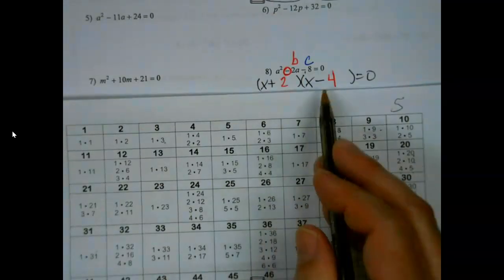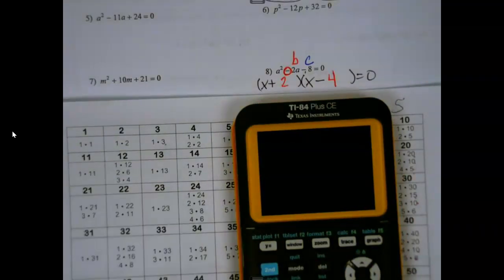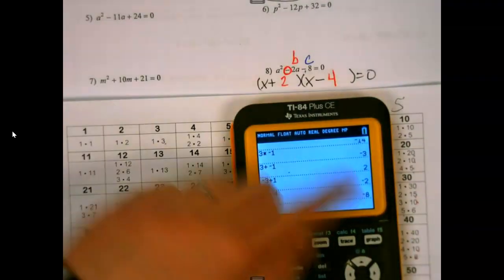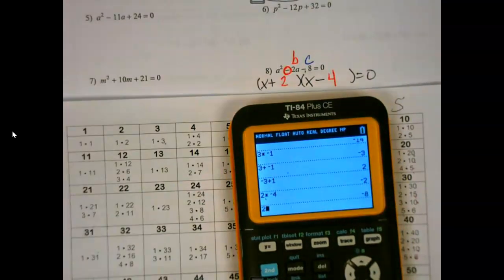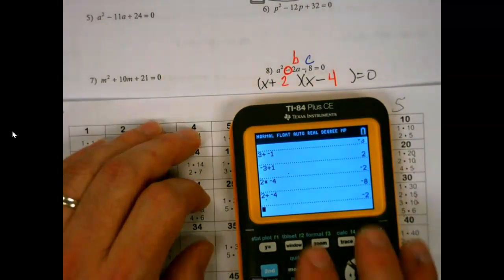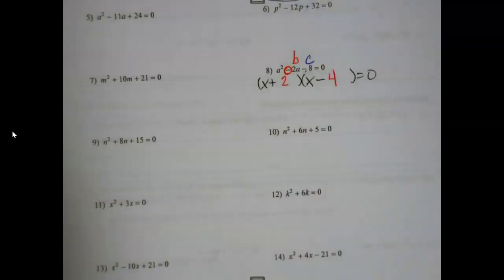But one of them has a negative. So it will, because I look now and I go, okay, 2 times negative 4 is negative 8. That's good. 2 plus negative 4 is negative 2. That's how I figure out how I'm going to get there once we've got the two different signs.